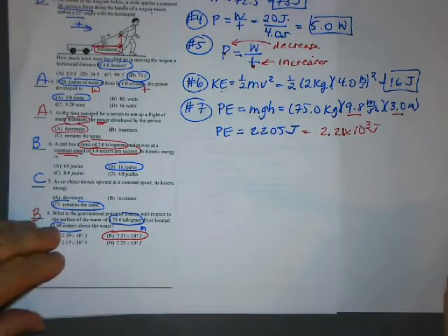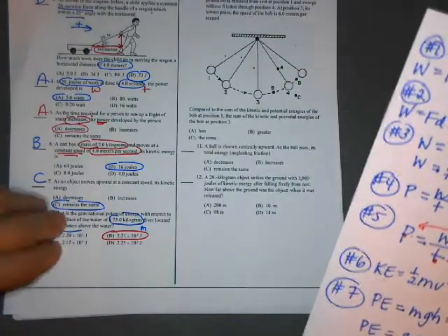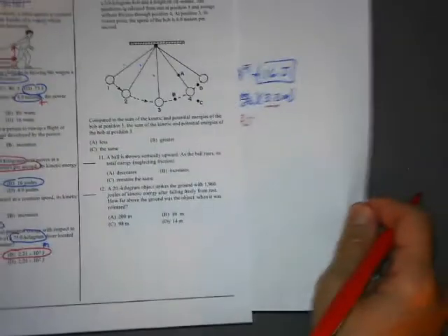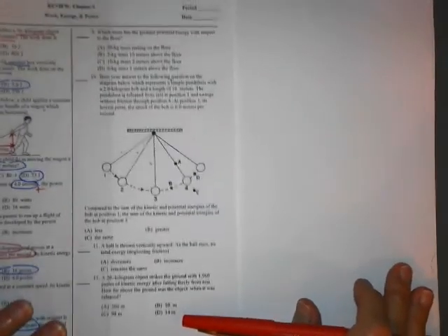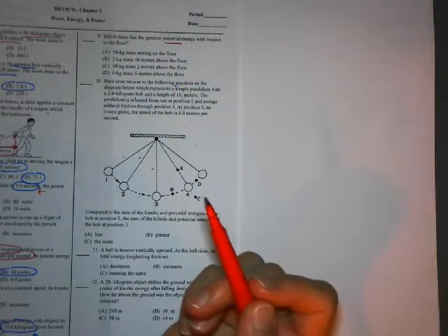All right, let's go on and do the other side. Number 9. Guess I'll use some fresh paper. So we can see this over here. Okay, so number 9 says, which mass has the greatest potential energy with respect to the floor?